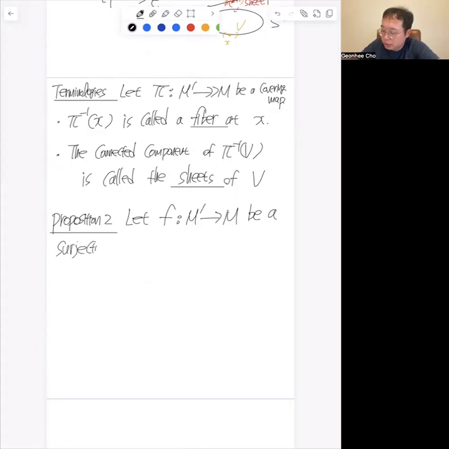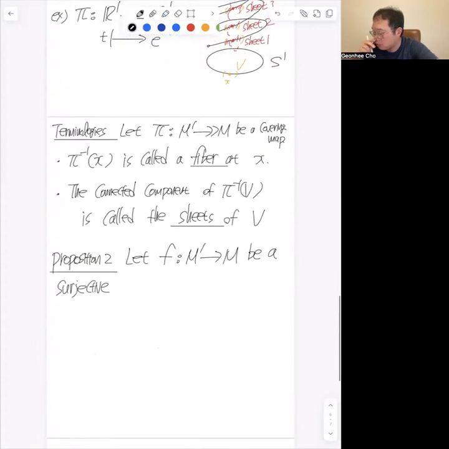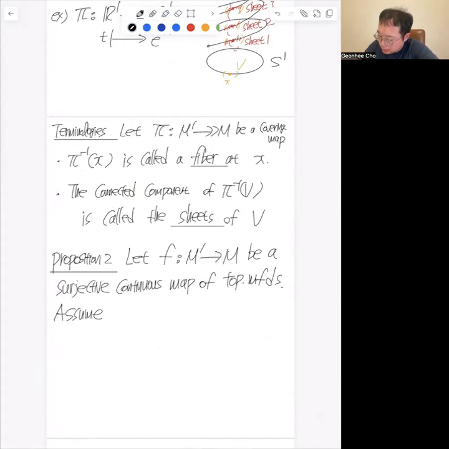And of course, we are talking about topological spaces, so all maps we assume should be continuous for sure, a continuous map between two topological manifolds. So that's the setting. We assume a few things. Number one, this map is a local homeomorphism.